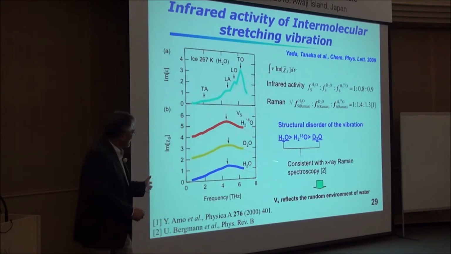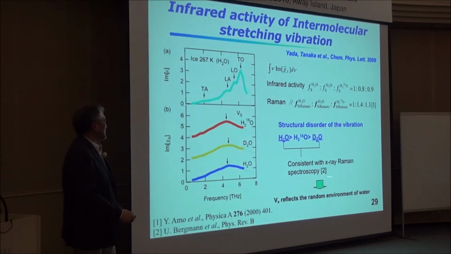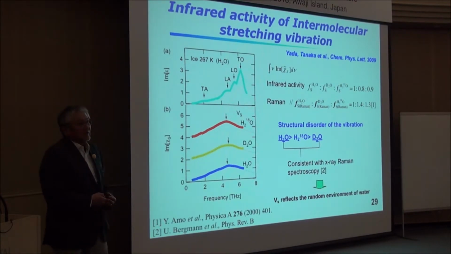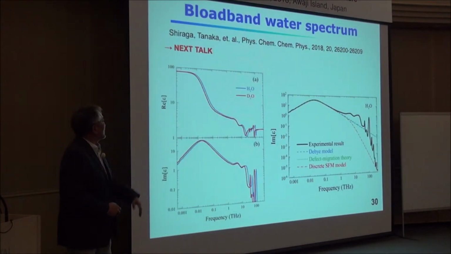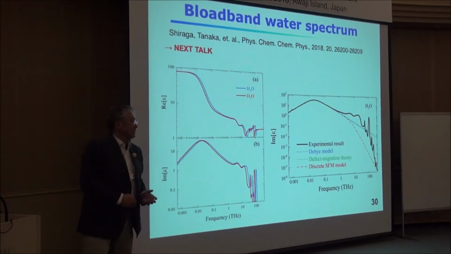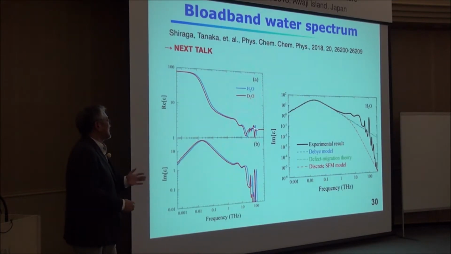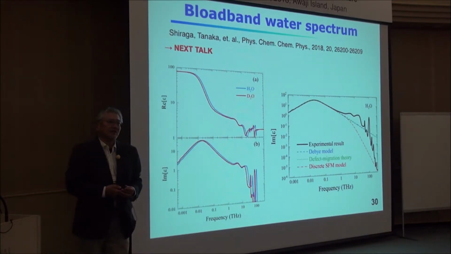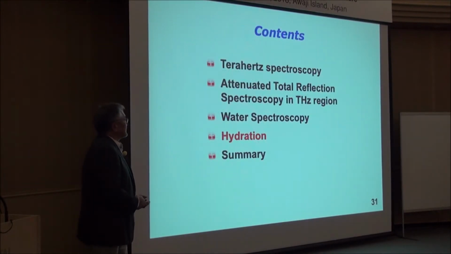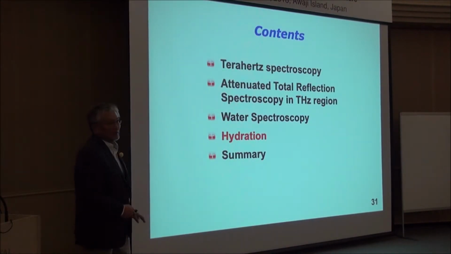This really corresponds to the X-ray Raman spectroscopy result. And maybe in the next talk, Dr. Shiraga will show you very broadband spectroscopy and more details about the vibrational mode and the deviation from the conventional Debye. All right, so the final subject should be hydration.